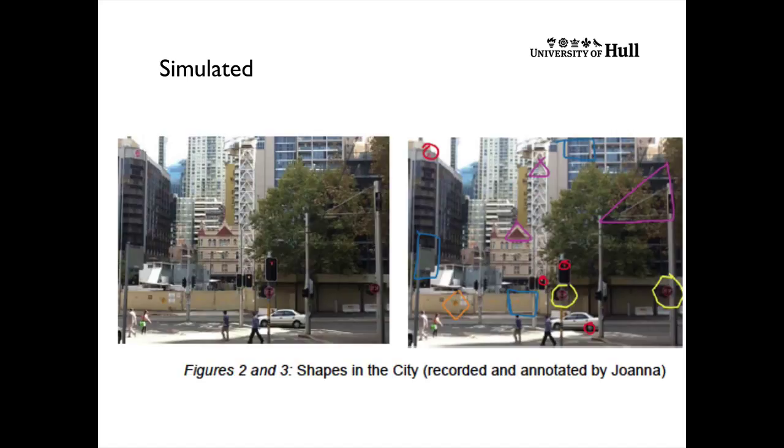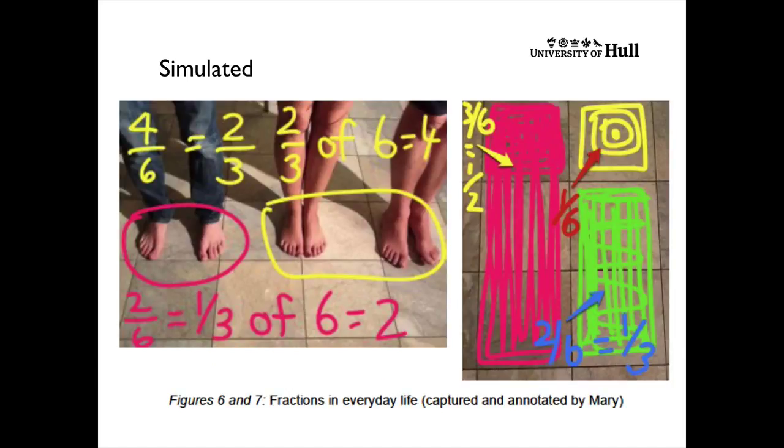In these examples, students use their mobile devices to identify geometric shapes and to annotate those shapes, as you can see in the pictures. Although the physical setting is located outside of the university, this is still regarded as a simulated activity rather than a participatory one, since there is no indication in this example that the students are working with a real community of mathematicians.